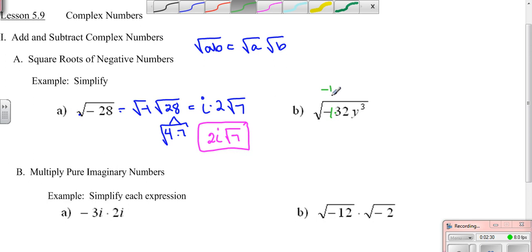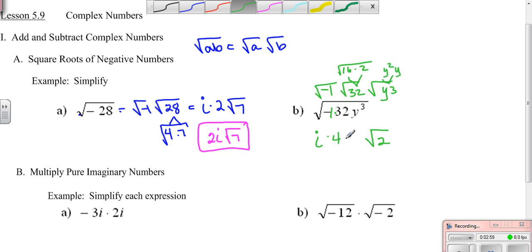So here I'm going to say the square root of -1 times the square root of 32 times the square root of y cubed. The square root of -1 is i. The square root of 32, well, that's 16 times 2, so the square root of 16 is 4, and that 2 is a leftover. y cubed is really y squared times y.